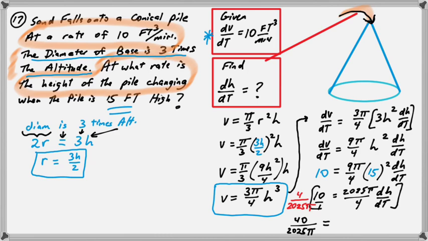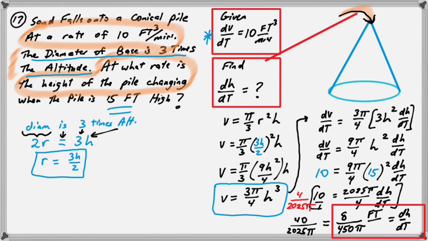So I think 5 goes into 40 eight times. 5 goes into here, is it 450 times? Let's see, 5 times 450, right? And that would be dh/dt. Let me check my arithmetic. What would my units be, though? If the volume is in cubic feet, what's the height in feet?